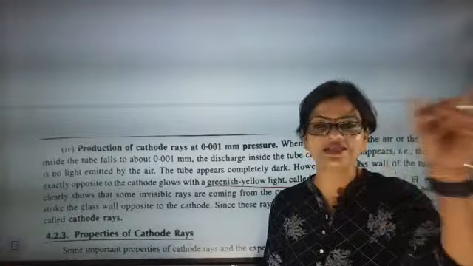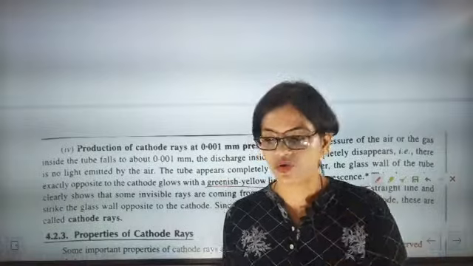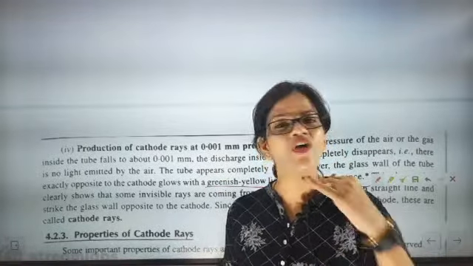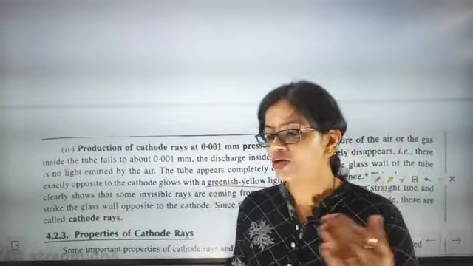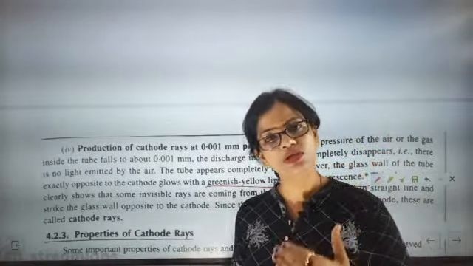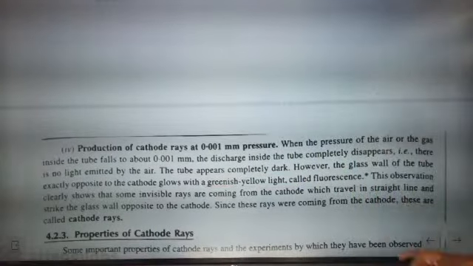This was the finding when we reduced the pressure of the discharge tube to 0.001 mm of atmospheric pressure.